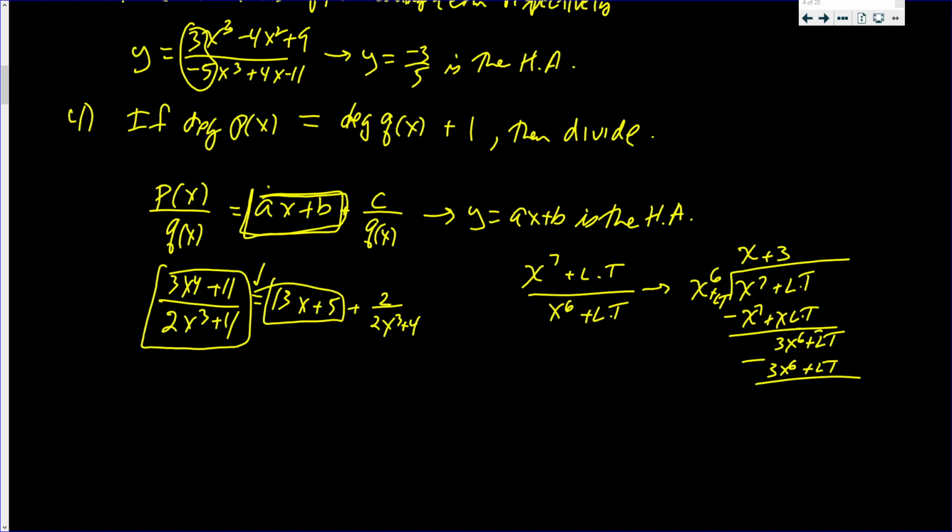Now, the lower terms are all less than 6, so you're just going to have lower terms less than x to the 6th. That's going to be the remainder. I don't care what the remainder is. That's going to be the horizontal asymptote.